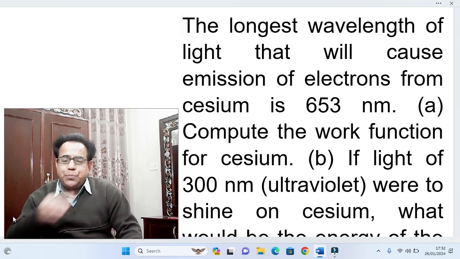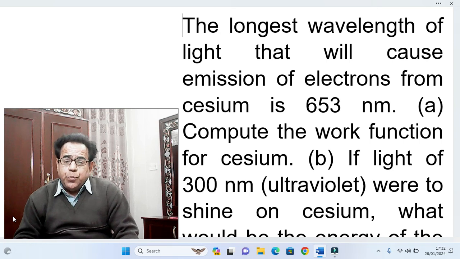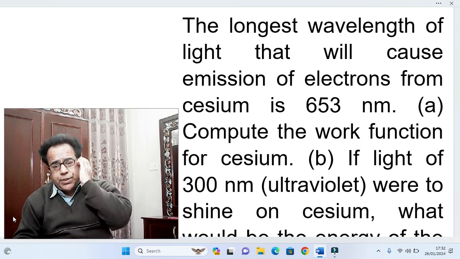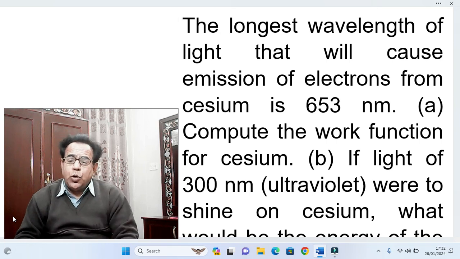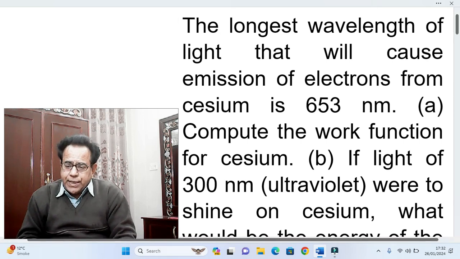This is our next problem, chosen from the same book, Modern Physics by Paul A. Tipler. As usual, we first come to its statement. The longest wavelength of light that will cause emission of electrons from cesium is 653 nanometer, nano standing for 10 to power minus 9.